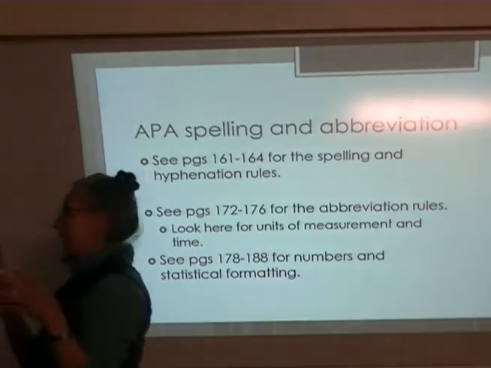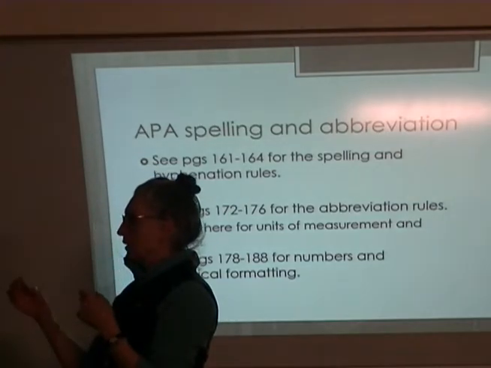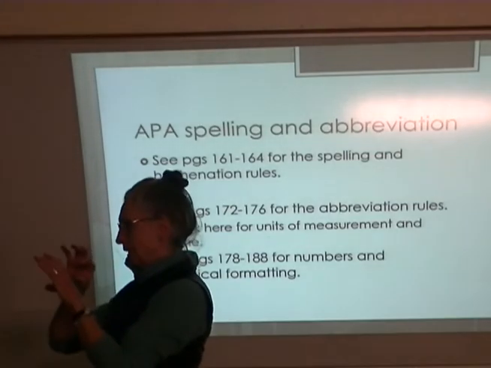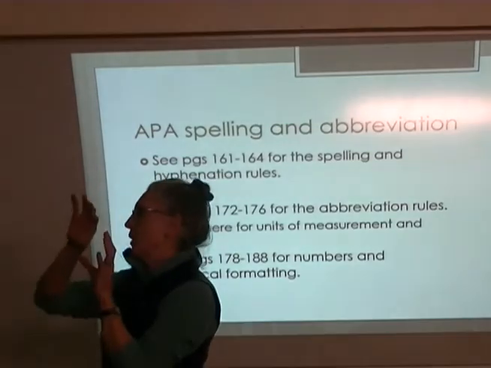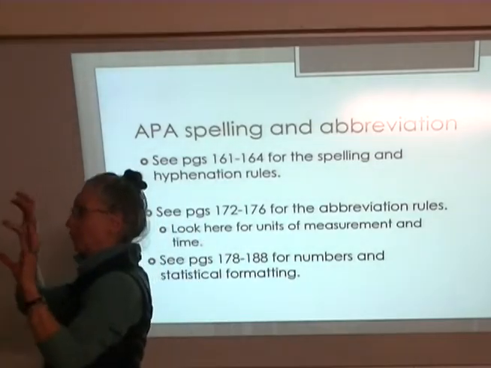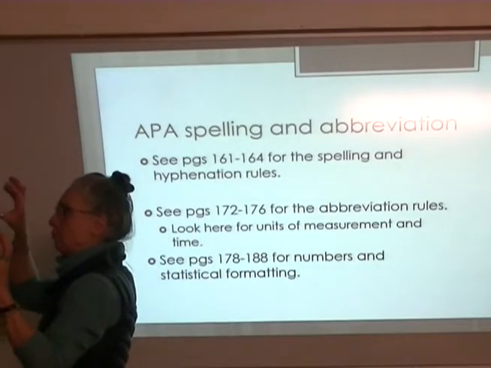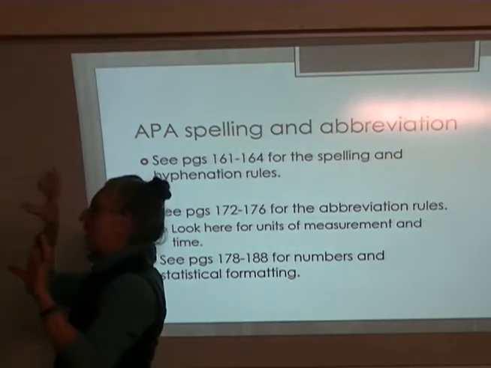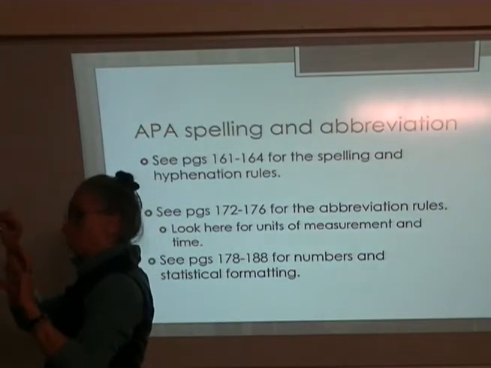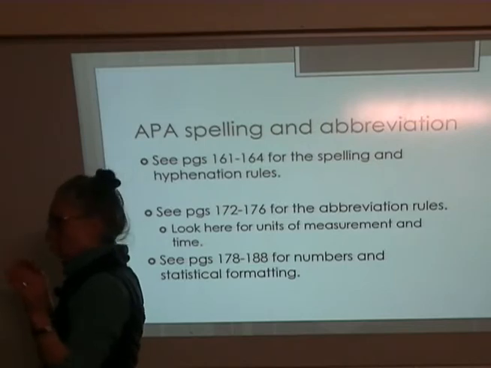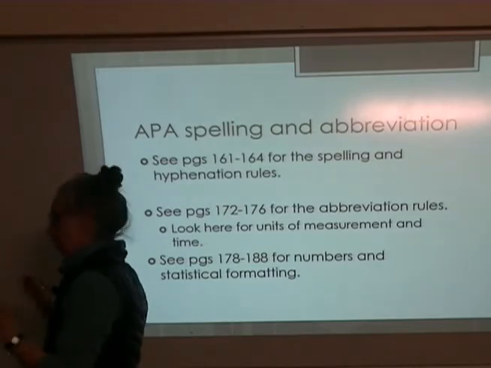Okay? So in that instance, what I would suggest is that you rearrange the sentence somehow so that you can have 3,560, whatever it was, in its numerical form, not written out in full. Okay?